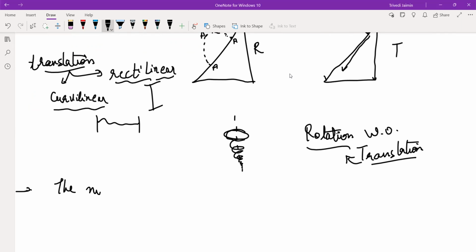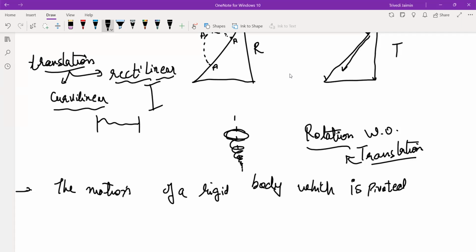So the motion of a rigid body which is pivoted somewhere in some way is rotation.